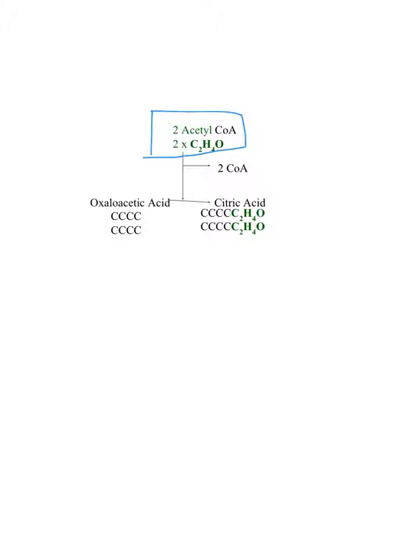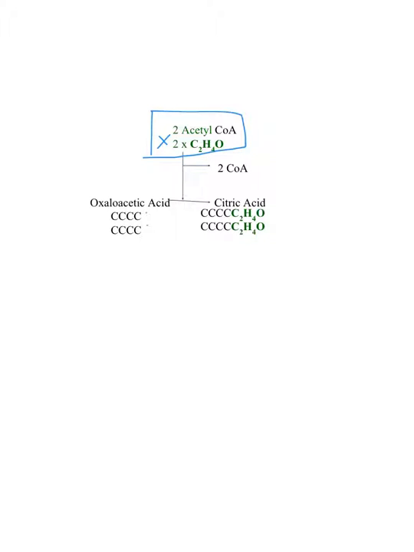Well, our coenzyme A gets stripped off, and we're going to let each of these fragments join to a 4-carbon compound called oxaloacetic acid. Now I'm just going to leave this as a 4-carbon chain. It's got other stuff attached, but we're not going to deal with all that other stuff.